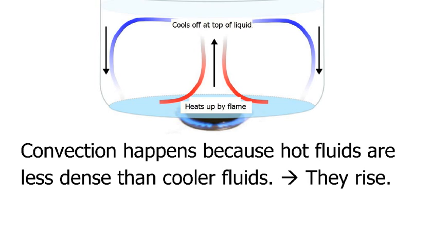Take note, you could make convection happen the opposite way. I don't have a picture for this, but let's say we were to put a cup of water with some ice. All right, so we're just going to call that a cup of water.